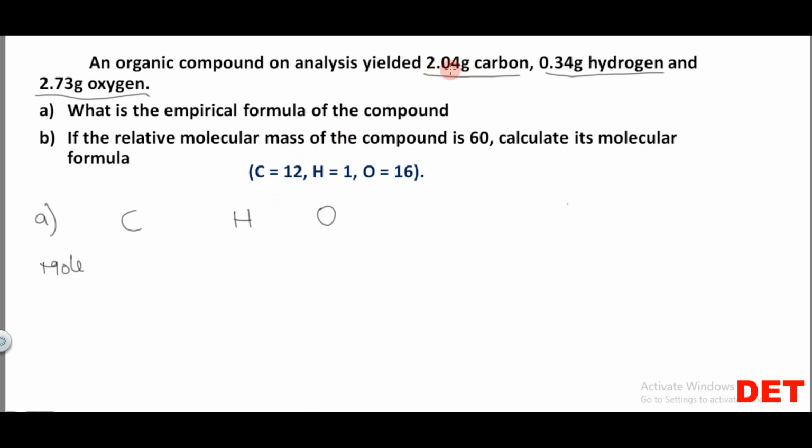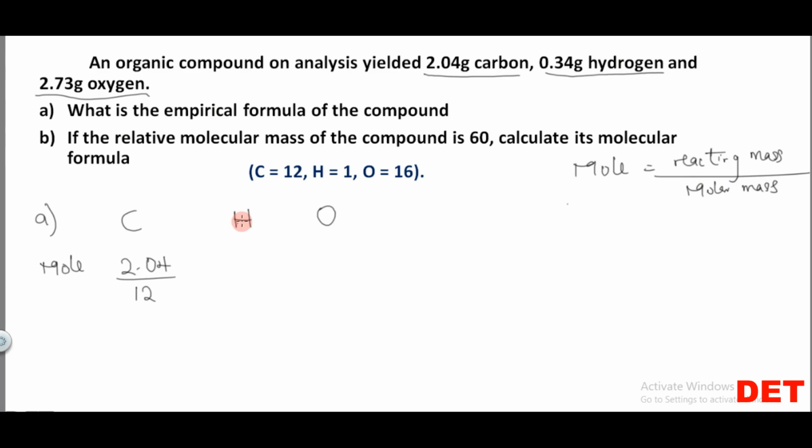So the reacting mass of carbon is 2.04 grams, so that's 2.04 over the molar mass. The molar mass of carbon is 12. You should know this, that mole is equal to reacting mass over molar mass.